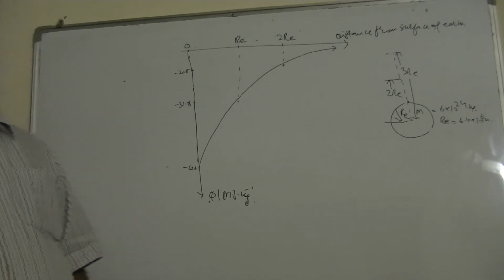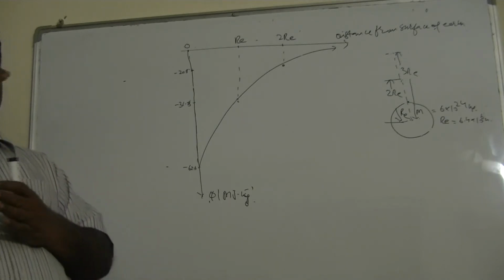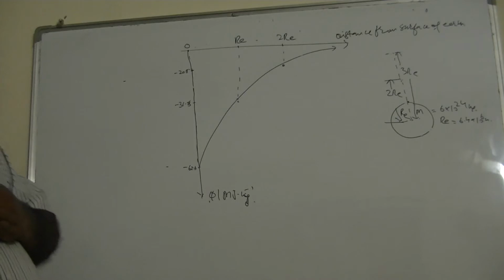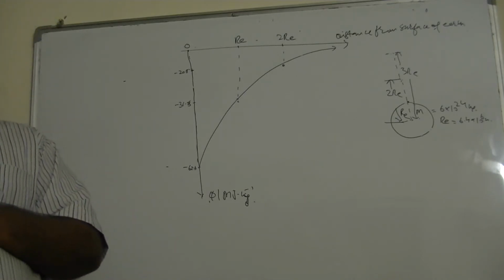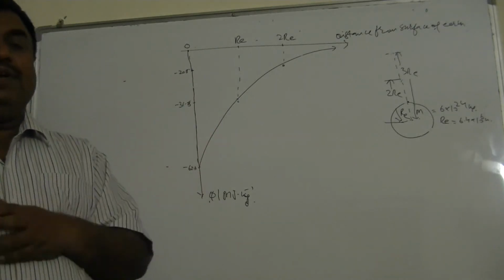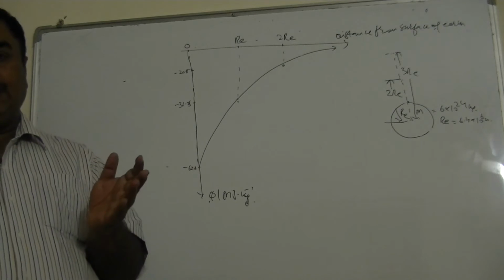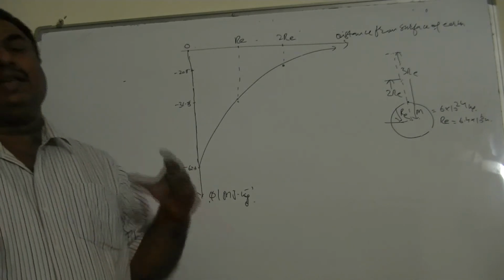It's a negative quantity. Why is it a negative quantity? Because gravitational forces are attractive in nature, and if you go higher and higher, the gravitational potential increases, and it becomes zero at the point of infinity, which is the maximum point. So all other values must be negative. That's one approach. The other approach is that gravitational forces are attractive in nature.